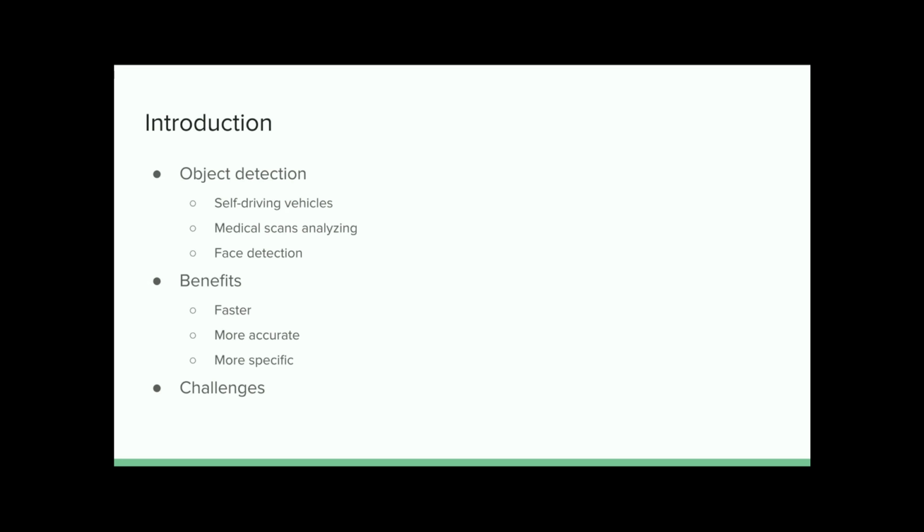Such as Tesla, which uses object detection to develop their self-driving vehicles, and some medical researchers use object detection to analyze their CT scans or X-ray scans to find small abnormal developments of tissues, or in a lot of smartphones, we have facial detection, et cetera.